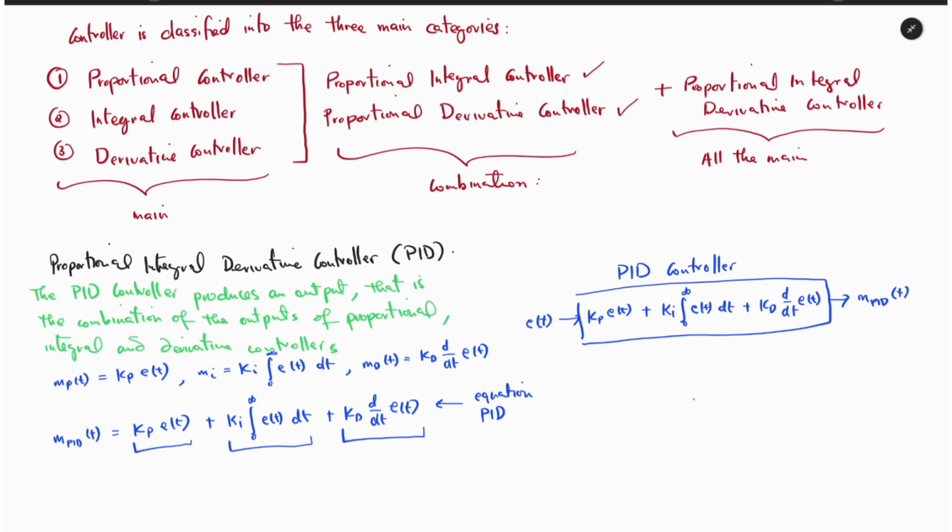Why is the PID controller so special? In some control system designs where we have a specific problem, this can be solved using a proportional controller, and maybe not the other controllers.